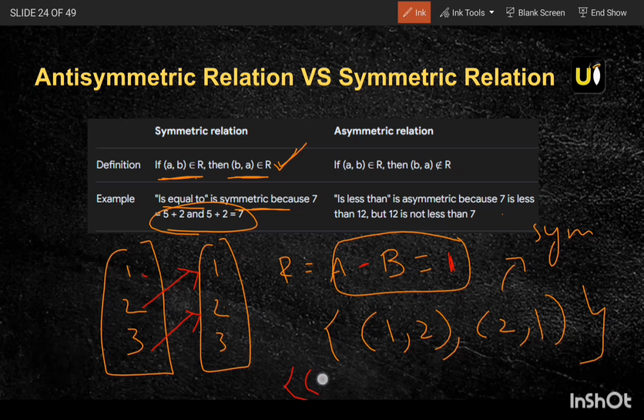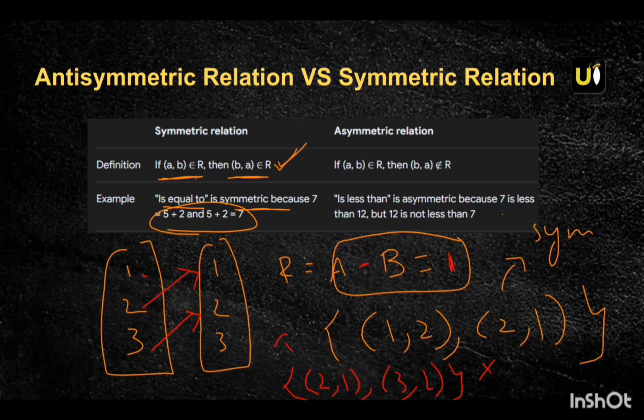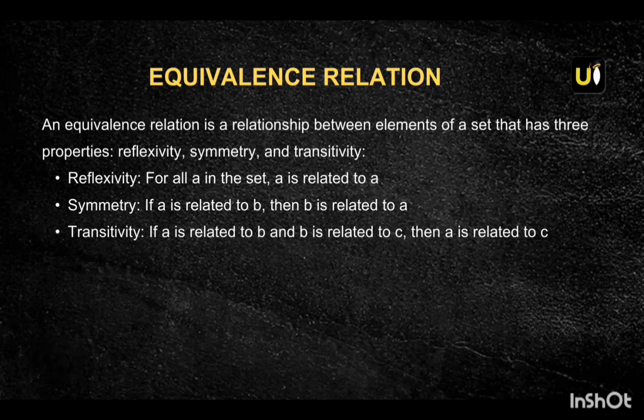So the relation set is (2,1) and (3,2), but (1,2) and (2,3) are not allowed. So then this is an antisymmetric relation. That is a basic difference between a symmetric and an antisymmetric relation.